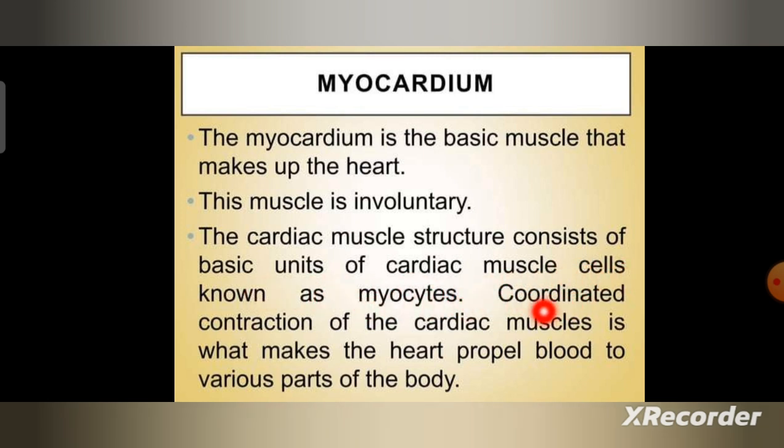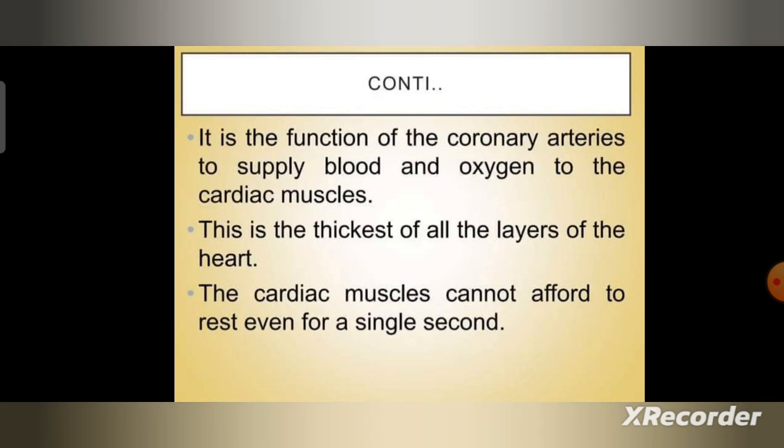The coordinated contraction of the cardiac muscle is what makes the heart propel blood to the various parts of the body. It is the function of the coronary arteries to supply blood and oxygen to the cardiac muscles. This is the thickest of all the layers of the heart, and the cardiac muscles cannot afford to rest even for a single second.